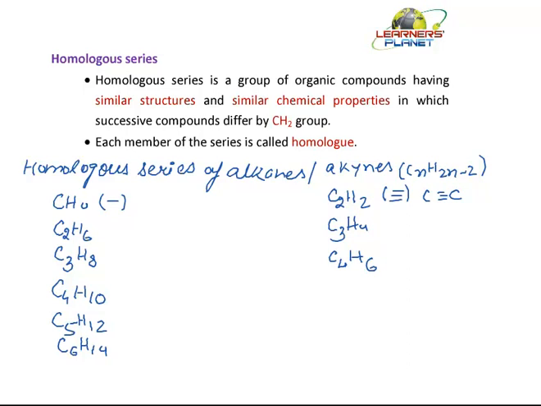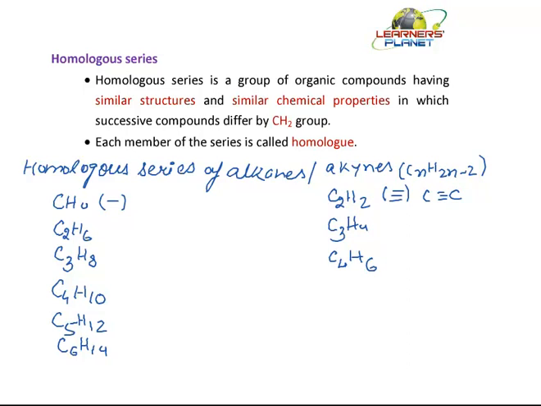Because of the similar bonding, they have similar chemical properties, and their structures are the same, but they vary in their physical properties. What are the physical properties? They are like molecular weight, density, boiling points or melting points.